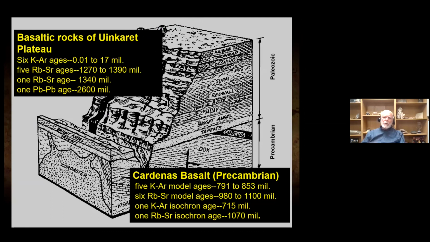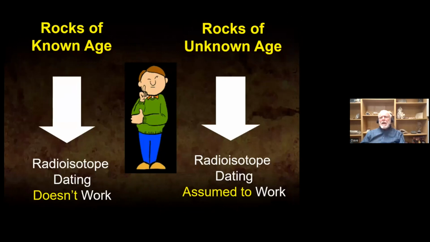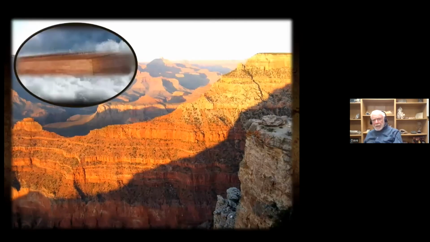Well, wait a minute. My question to him would be, if these methods are not accurate on rocks of known age, how do you rely on the same methods to give you accurate results on rocks of unknown age? Good question, isn't it? And so we see evidence of major catastrophic flooding all the way through.